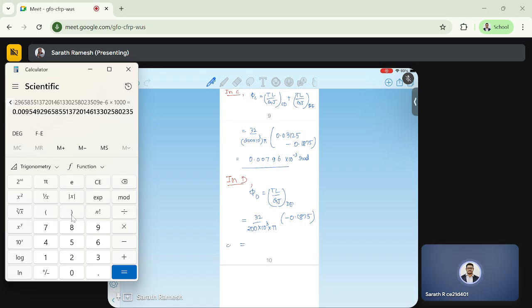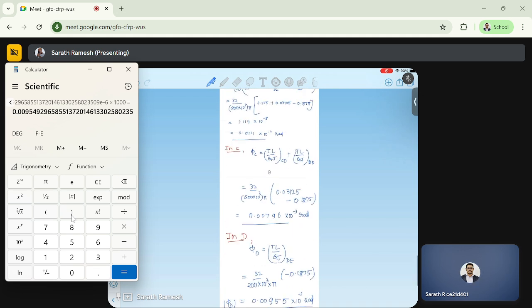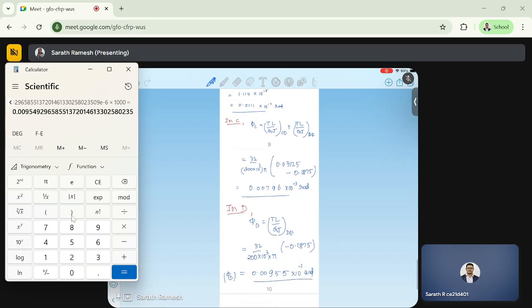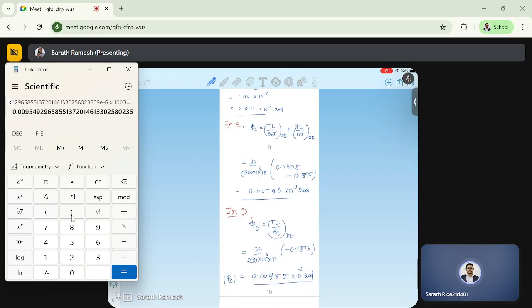Again, the magnitude will be 0.0095. Okay, that's it. Fine. Let's move on to the next problem.